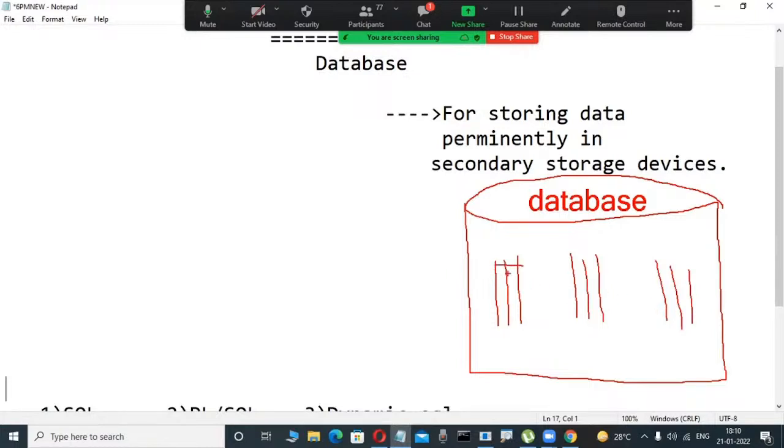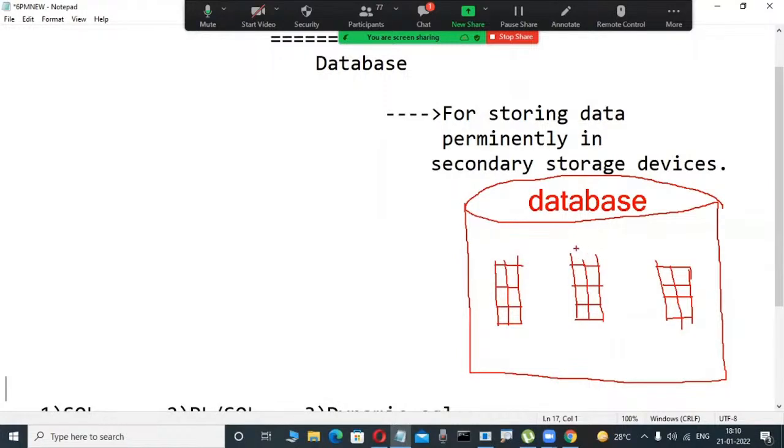Actually, E. F. Codd introduced this relational data model concept, and based on that, these types of databases are implemented in different companies. E. F. Codd was a mathematician working at IBM. That's why he decided to represent the data in the format of a matrix. In mathematics, everyone knows a matrix has rows and columns.